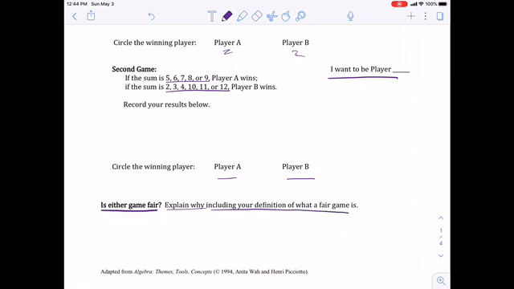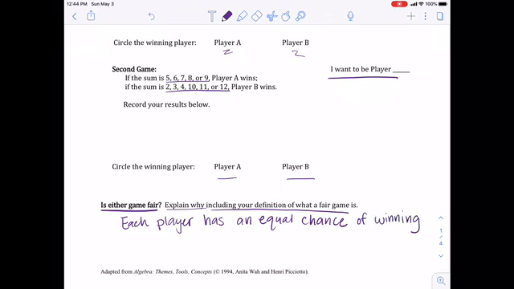So my definition is that each player has an equal chance of winning. And once you've decided that, you should have looked at these two games and decided whether or not each one is fair. So then we're going to look a little bit further into this.